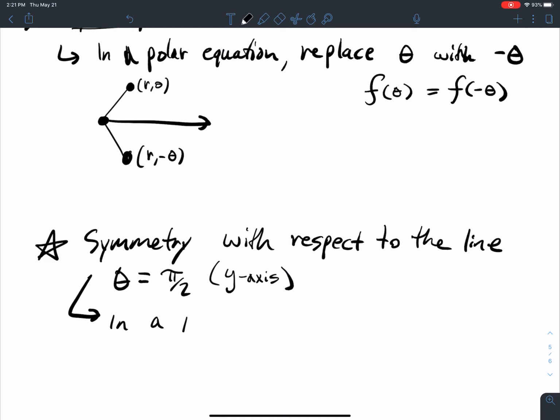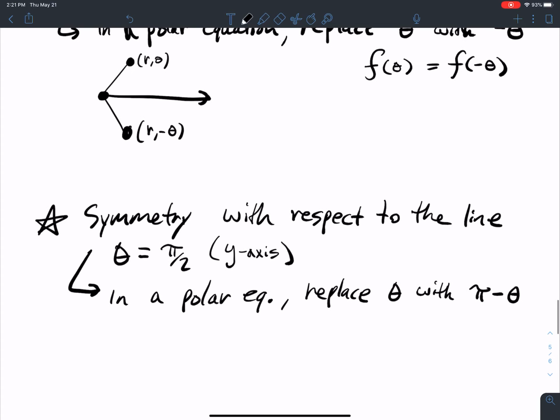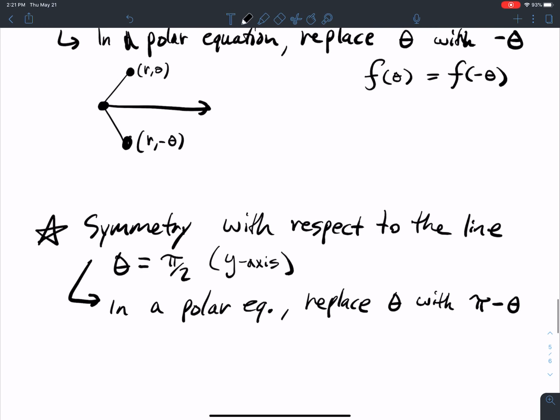In a polar equation, replace theta with pi minus theta. If an equivalent equation results, the graph is symmetric with respect to the line y-axis, which is theta equal pi over 2.